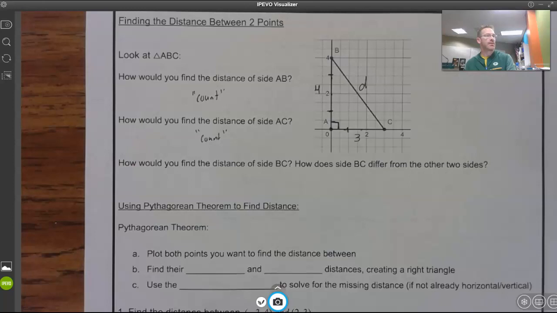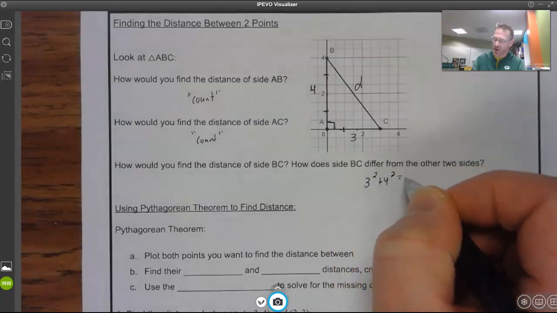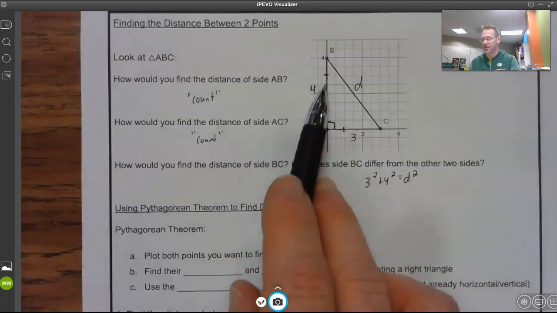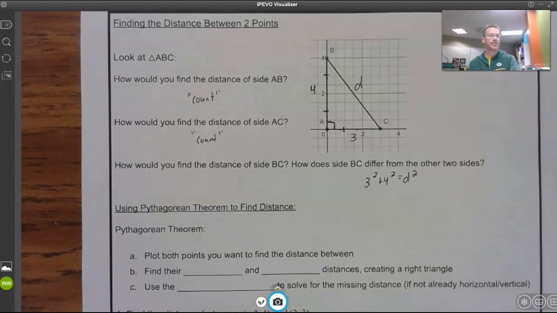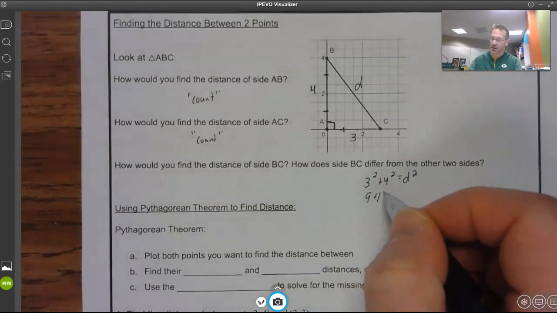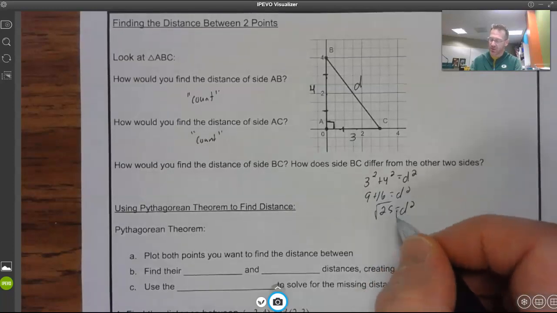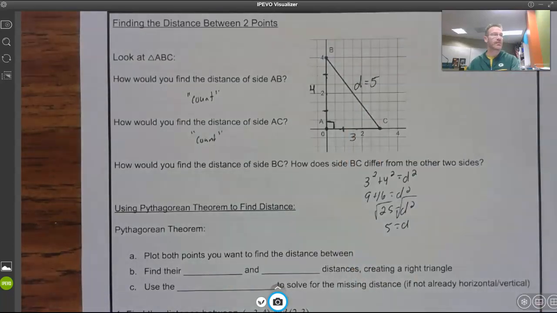Now we just go right into the Pythagorean theorem. So 3 squared plus 4 squared equals d squared. And notice I can't just count these, because I don't have the nice little boxes. It's not really tidy here to count those. And then I just go through all of that. So 9 plus 16 equals d squared, 25 equals d squared, take the square root of both sides, and I can see that this is 5 units.